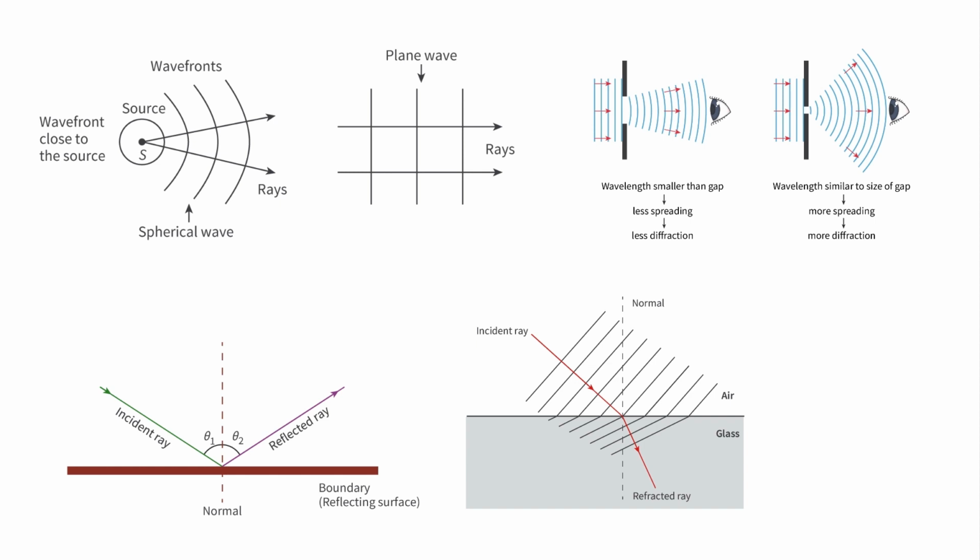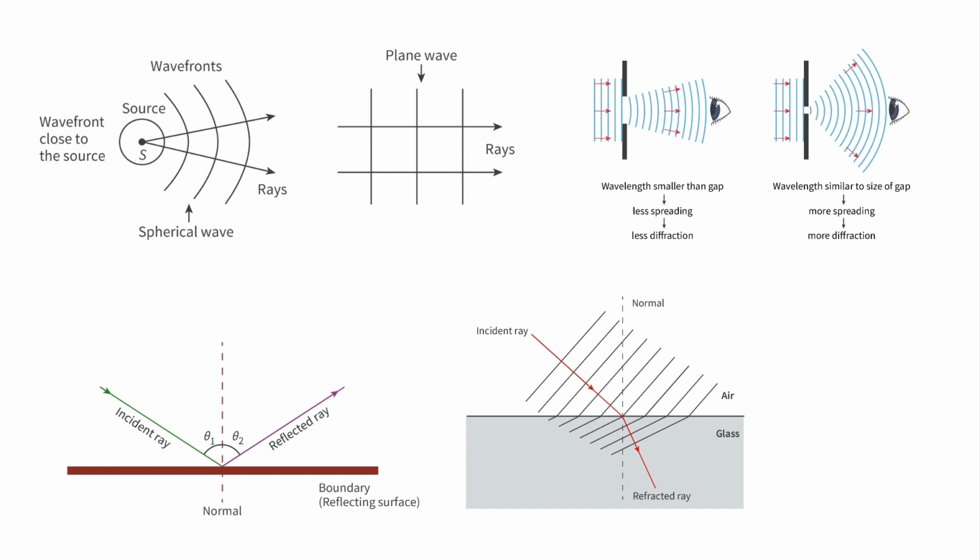To calculate the refracted ray, you have Snell's law, which states that the refractive index, which is this n, so n1 over n2, is equal to sine theta 2 over sine theta 1, the angles, which is equal to the velocity of the wave in scenario 2 over the velocity of the wave in scenario 1.